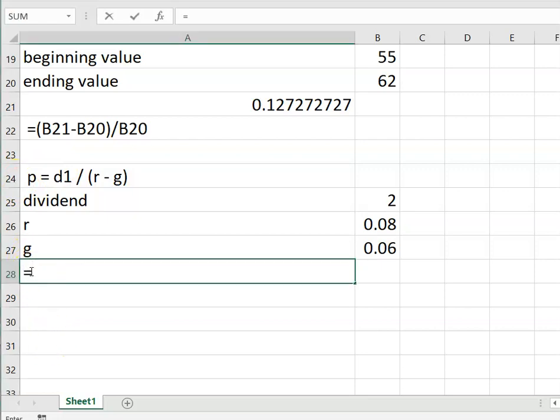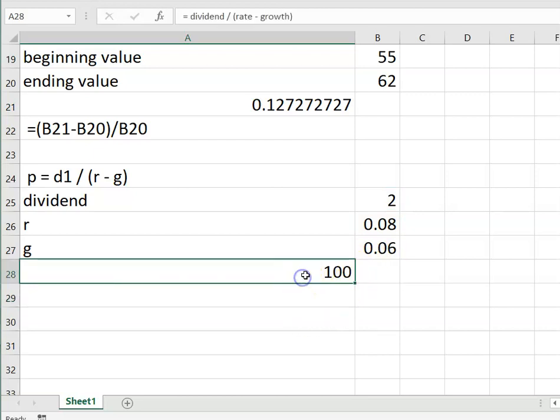And I also named the cell, so it's going to be easier for you. So it's going to be equal to the dividend divided by, and do not forget the parentheses, the required rate minus the growth factor.